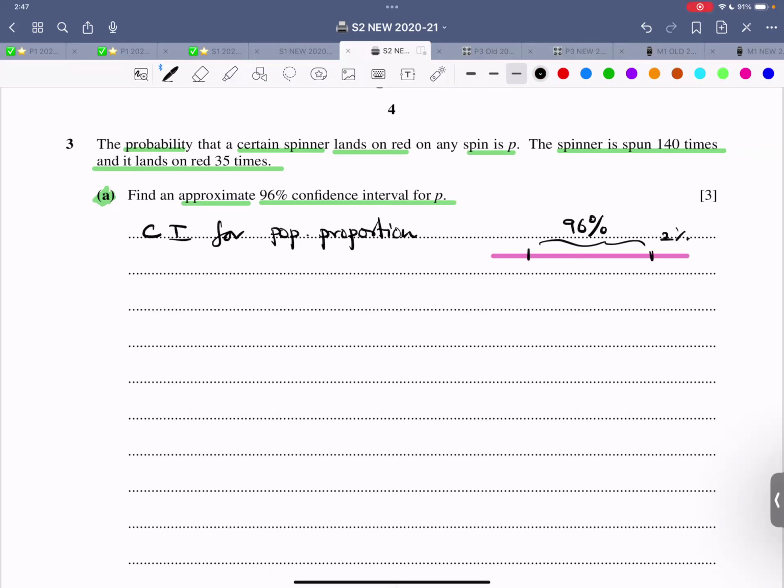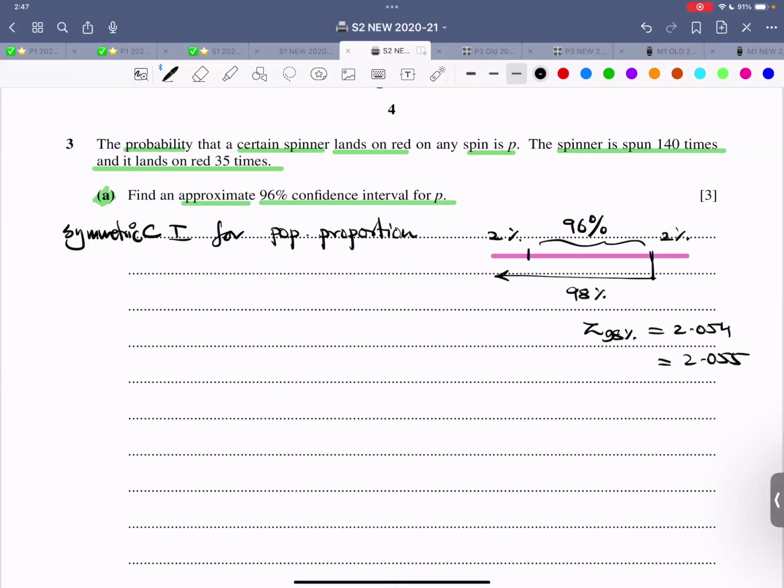This is 2% on this corner, 2% on the left. And keep in mind, it is always a symmetric confidence interval that we calculate. Therefore, the Z value that we will read is for 98%. Check your tables. As far as I remember, Z for 98% is 2.054 or 2.055.